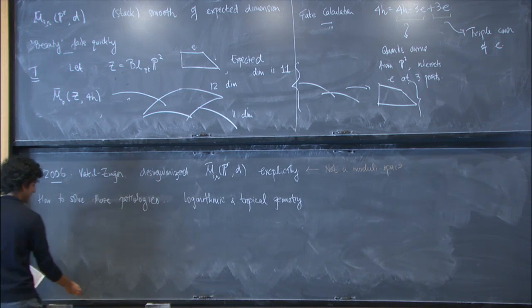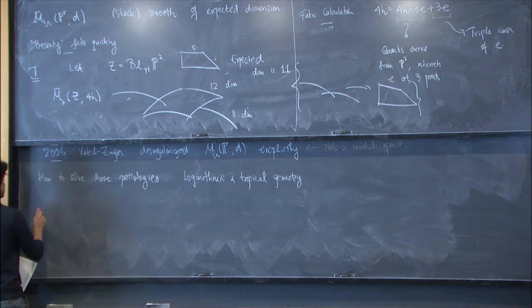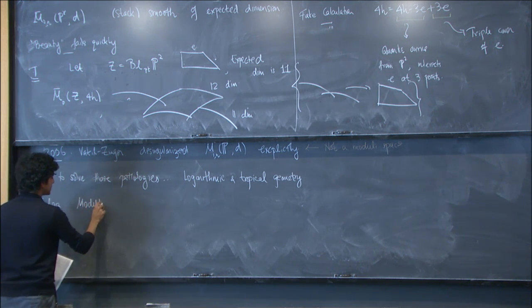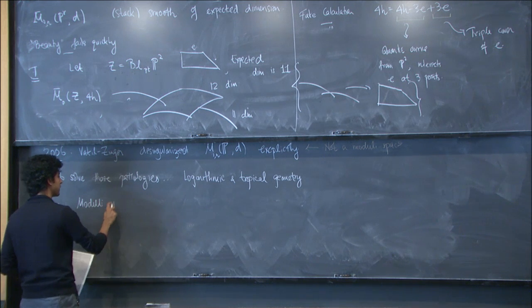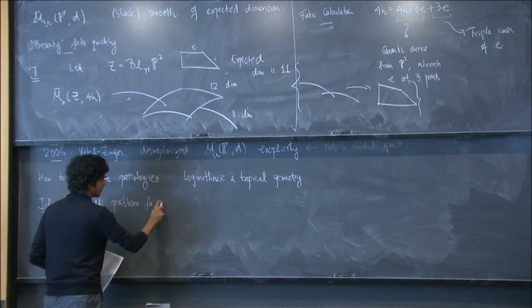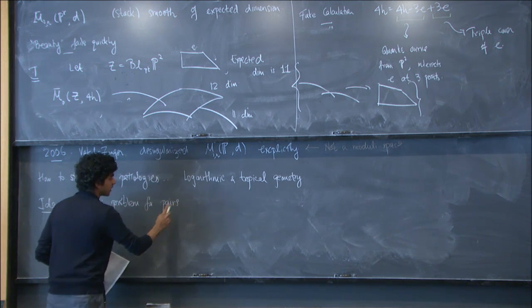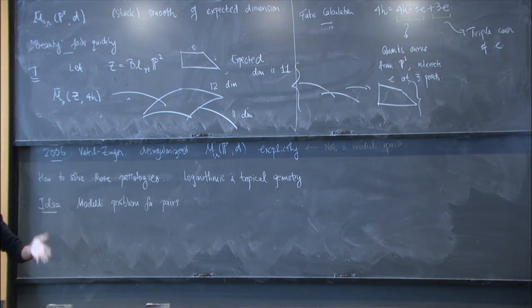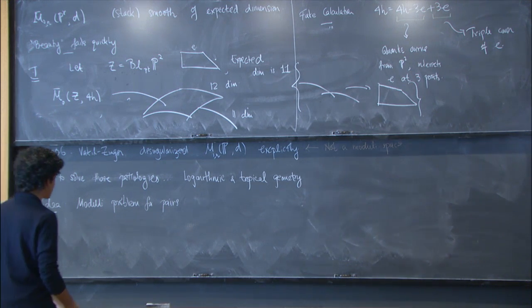Okay, so what's the idea? So the idea is basically to study a moduli problem for pairs. And I already set this up for you. So rather than thinking, a toric variety naturally wants to be thought of as a pair: the interior of the torus together with its boundary.